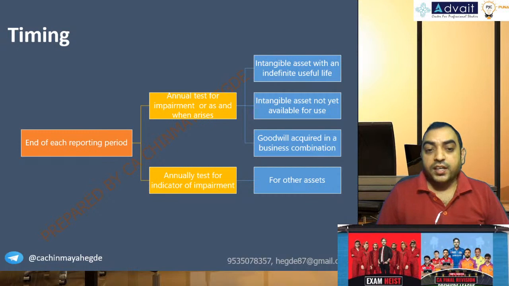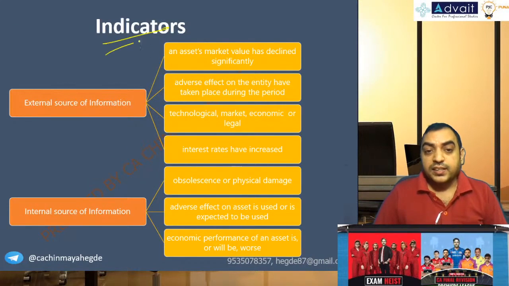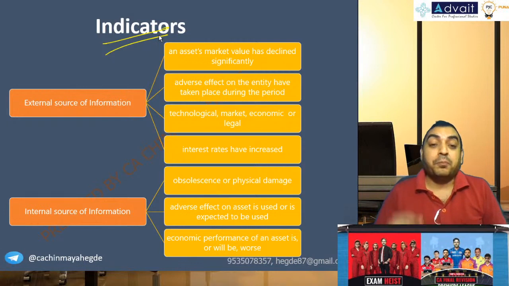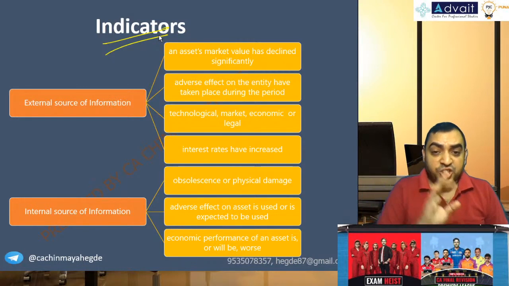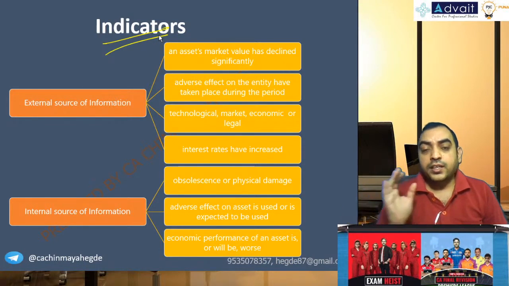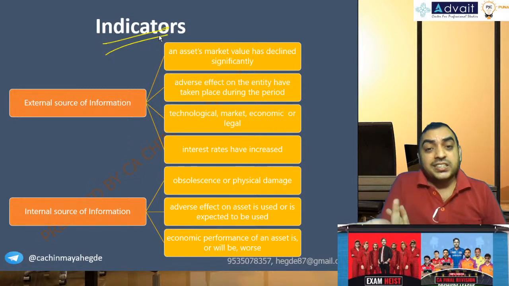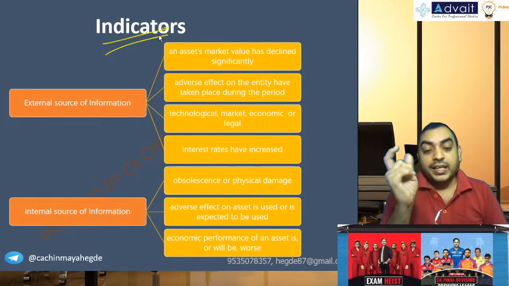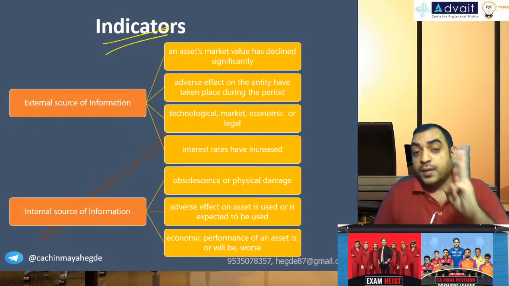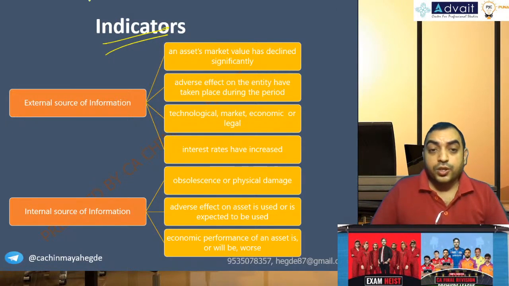Now, one thing is important. When do you do impairment? There has to be an indicator of impairment. If there is no indicator of impairment, then the impairment test need not be done. Impairment calculation also need not be done. Please remember, there are 3 steps. One, there has to be an indicator. Then you test for impairment.